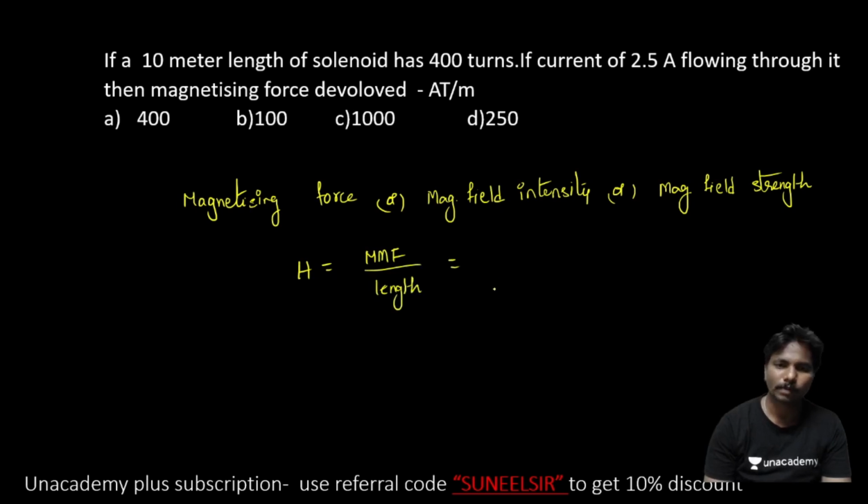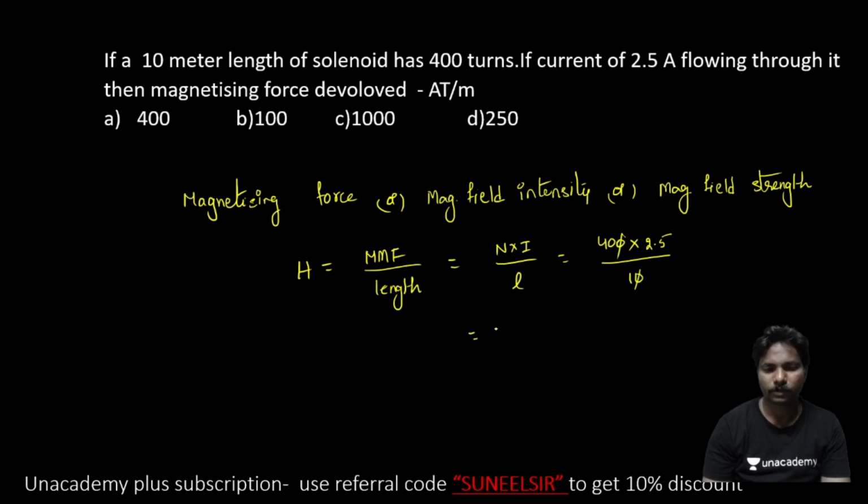MMF is nothing but the product of number of turns and current, divided by length. Number of turns 400 into current 2.5 by length 10 meter. So 25 into 4, that is 100. So the answer is 100.